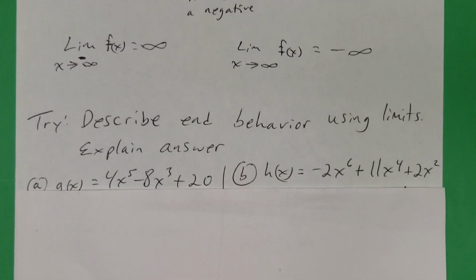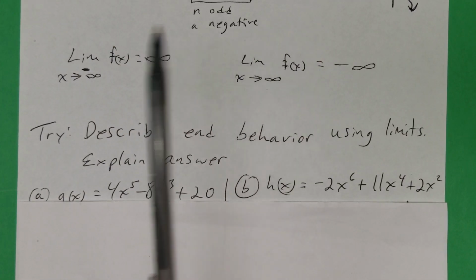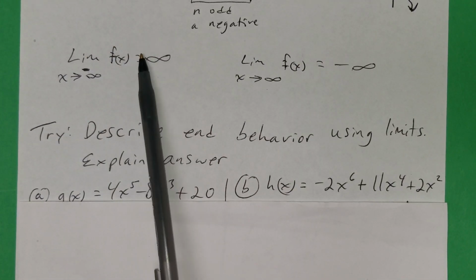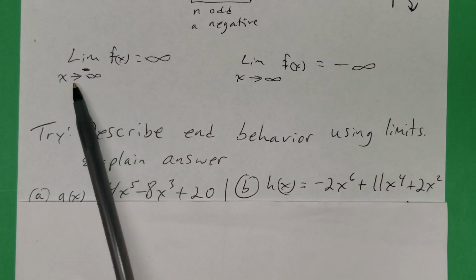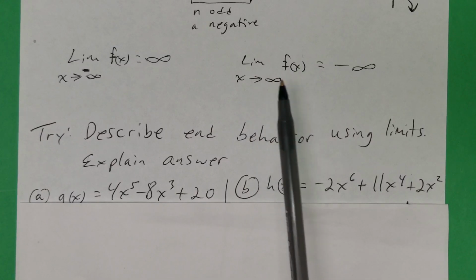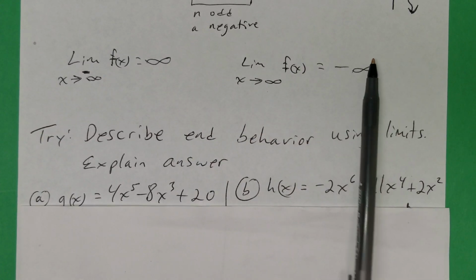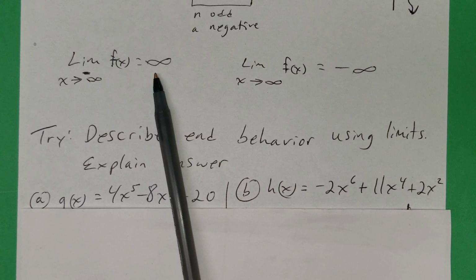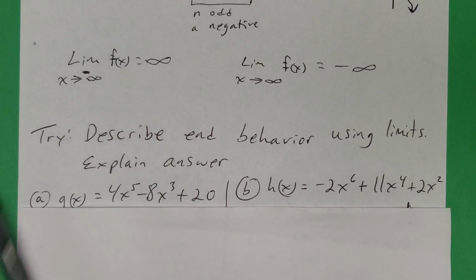And then you use this type of notation to describe the ends, limit of the function as x goes to the left, limit of the function as x goes to the right. So you tell me what happens. What are the possibilities? Well, either positive infinity or negative infinity.